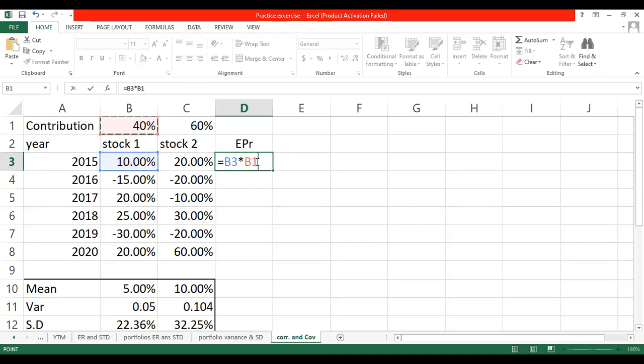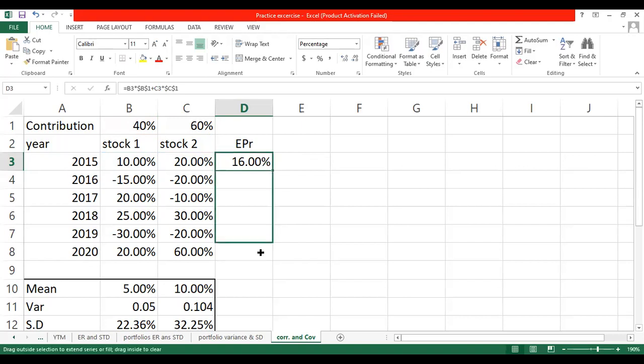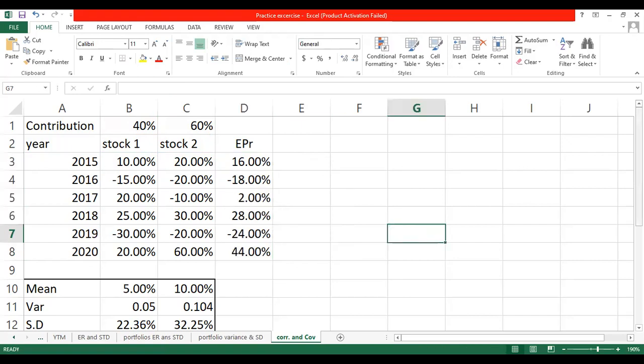Now we want to freeze B1 because this is the same for stock 1 for every year. Select it and then press F4. Then plus return of the second stock multiplied by the weight of the second stock. Now select the weight of the second stock and press F4. Enter. Drag it down. These are the expected returns of the portfolio.